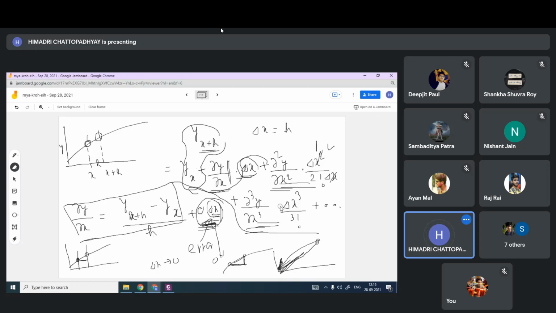Okay, sir. Now what happens if this is a linear equation? Then the term del square by del x square vanishes. If you have a straight line, dy/dx has a value, but the second derivative is 0 because dy/dx is the same everywhere.